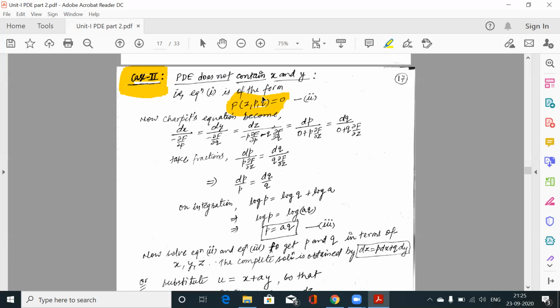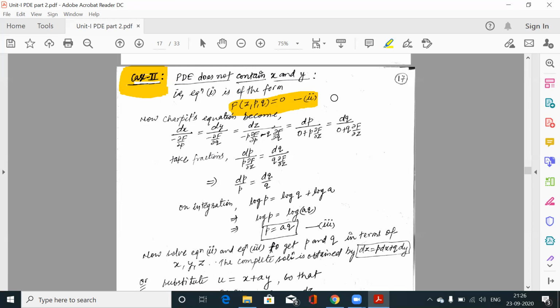So no x term is there, no y term is there, only z plus p and q terms. So if the given PDE does not contain x and y, then this is case 2 or standard form 2.